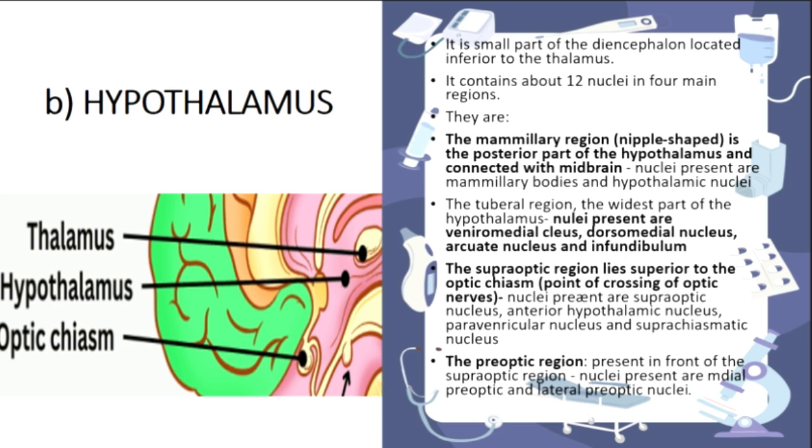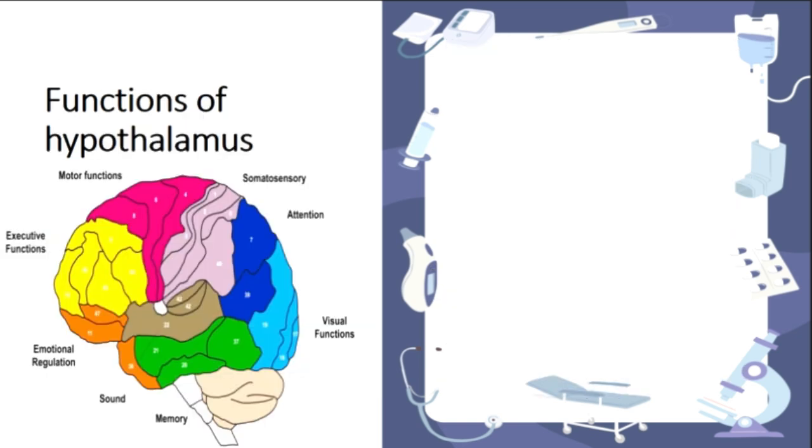There are four main regions in the hypothalamus: the mammillary region, tubular region, supraoptic region, and preoptic region. Once again: mammillary, tubular, supraoptic, preoptic. The mammillary region is nipple shaped. Just see the diagram: below, there is the optic chiasm, and there is a nipple-shaped structure, which is the mammillary region.